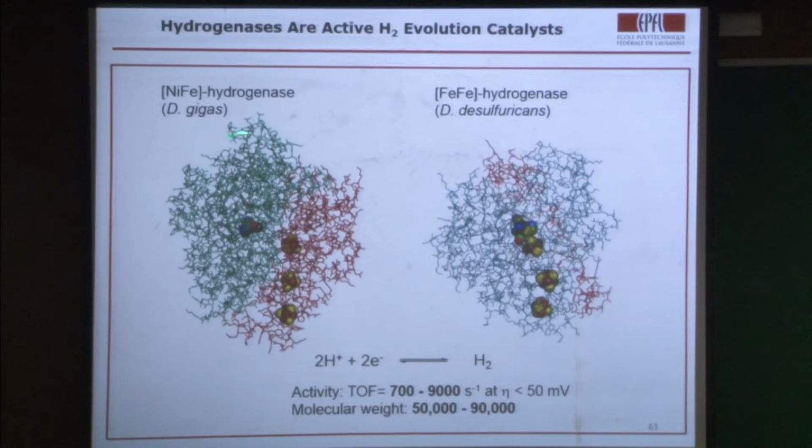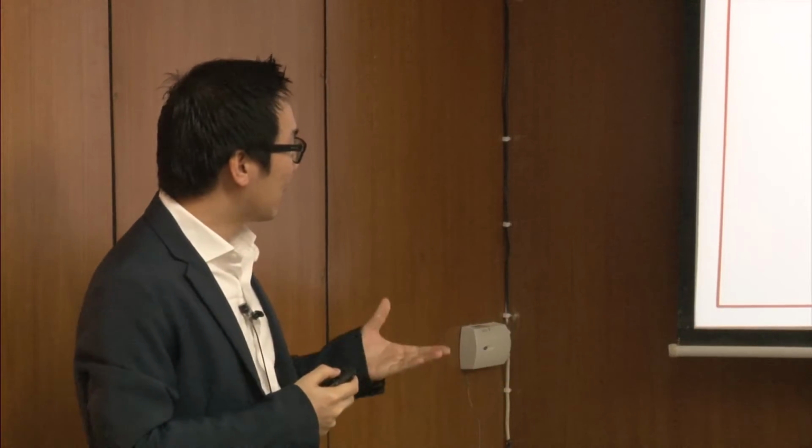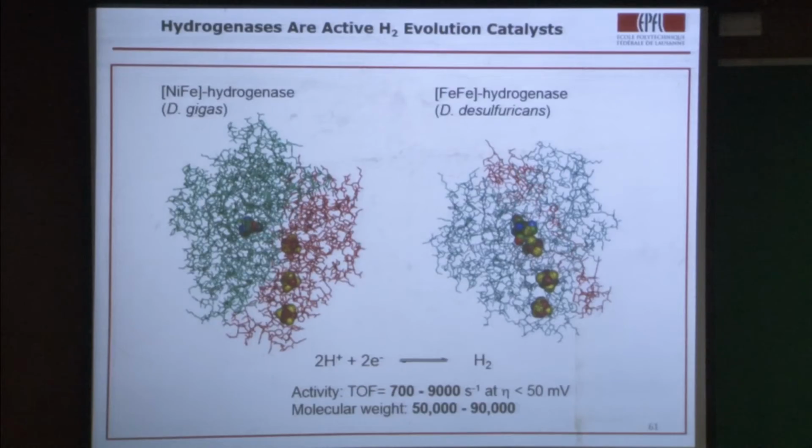The drawback, of course, is that they are huge. The molecular weight is 50,000 to 90,000. If the turnover frequency times the concentration is your net activity, then they are not really good. But still, from a molecular point of view, it's really interesting.